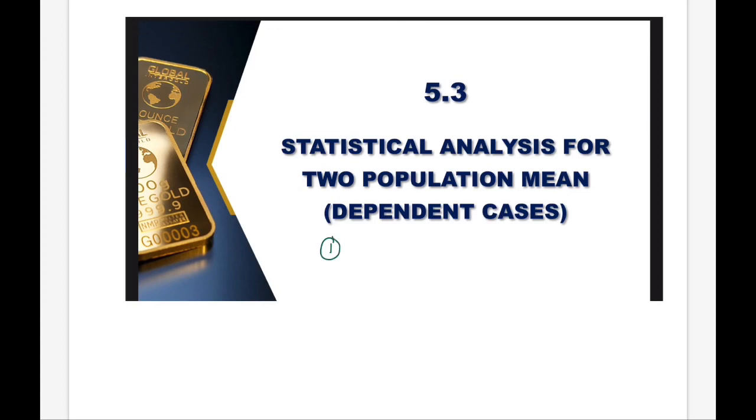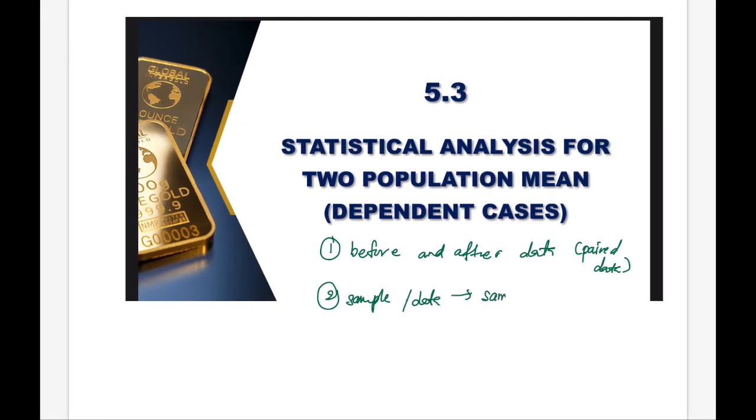First, your sample must have before and after data, which means that you have paired data. Number 2, that sample or that data came from the same object.